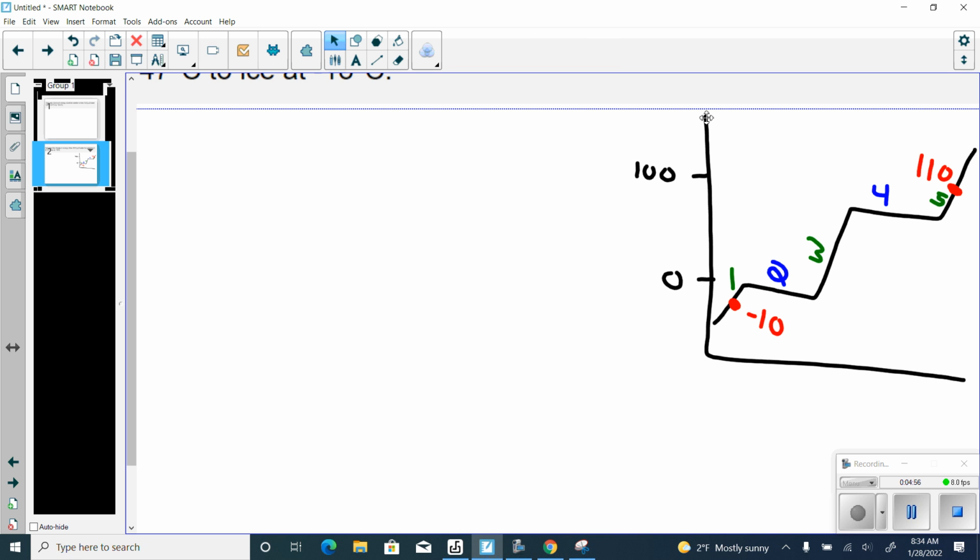That means in order to solve this problem, we have to do multiple steps. The number one issue that students have with this type of calculation I'm about to show you is they try to do it in one step. They try to do Q equals MC delta T. My change in temperature is going to be 120 degrees Celsius. I'm just going to pick water C value and then I'm done.